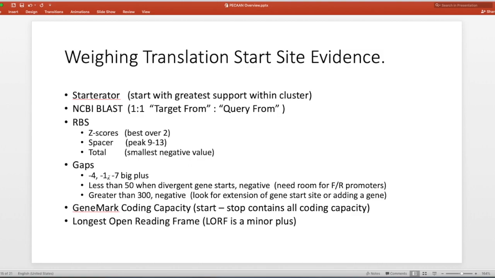The gap was a little bit of a minus because it was so big of an overlap. The GeneMark coding capacity was a big plus, and it was the longest open reading frame to have that first one. So this is how you look at all of the information, take it in total, weigh it for each of them.